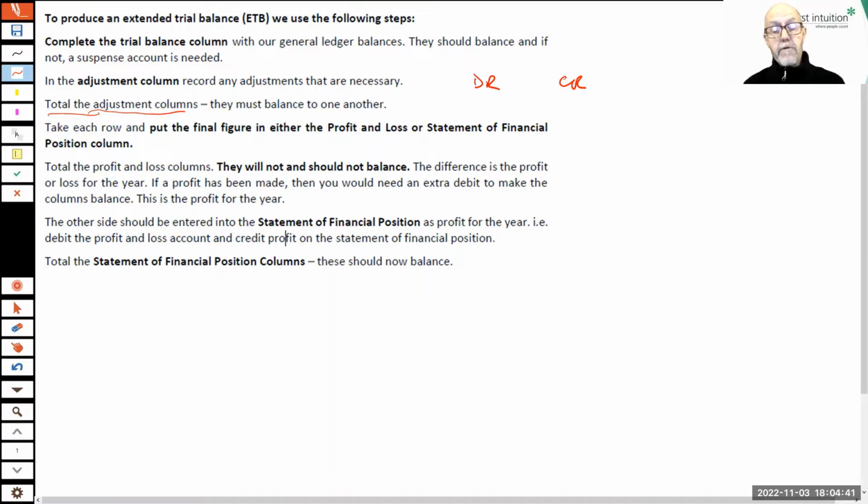Once we've done our initial trial balance and our 2 adjustment columns, then each row will give rise to a final figure, which will be the original figure plus or minus the adjustment, and that goes either to the profit and loss columns or the statement of financial position columns. The simple way I like to remember which of these is which: statement of profit or loss, things that happen.